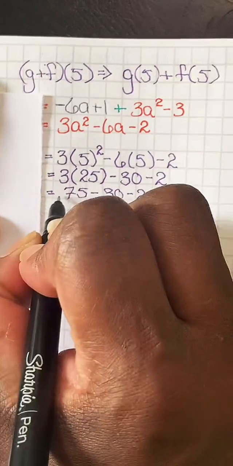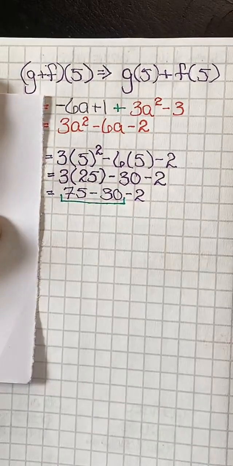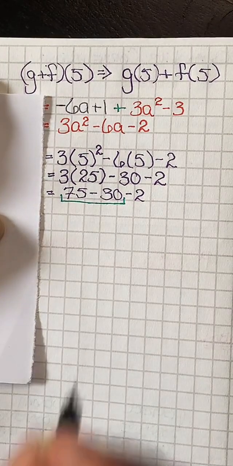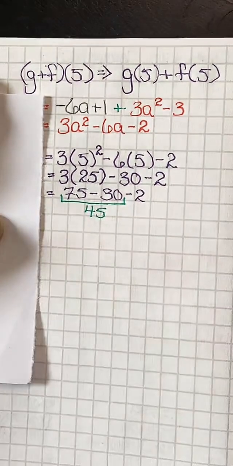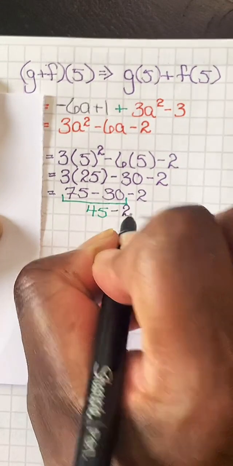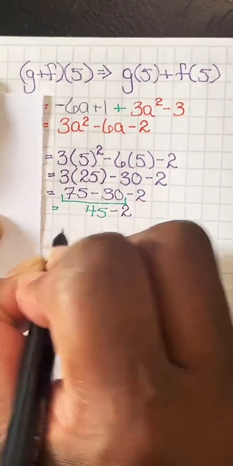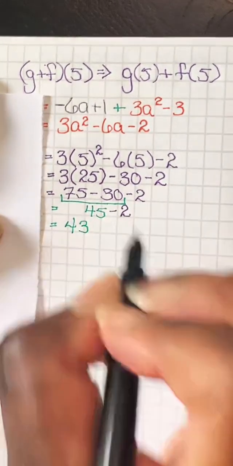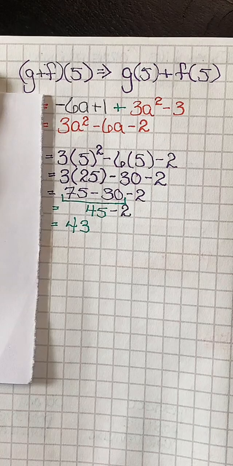So now we've got 75 minus 30. That will give me 45 minus 2. And 45 minus 2 will give me 43.